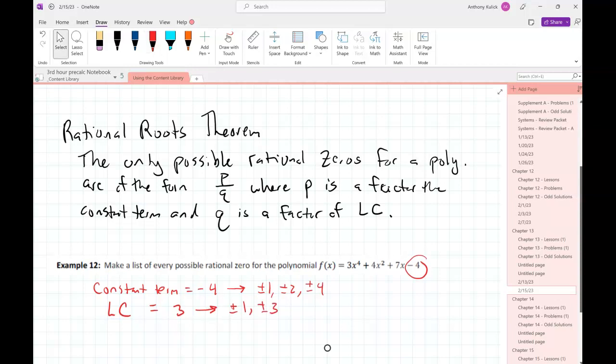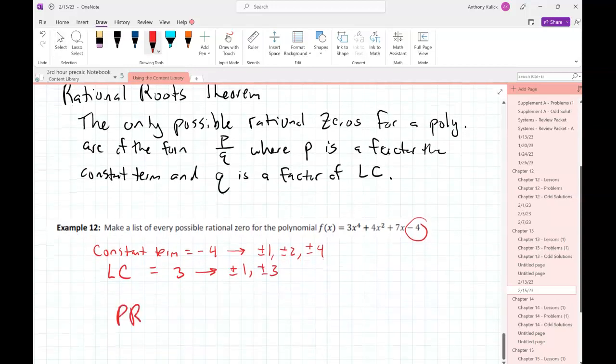Okay. So my possible rational zeros are going to be plus or minus 1 divided by plus or minus 1, plus or minus 2 divided by plus or minus 1, plus or minus 4 divided by plus or minus 1. When I divide anything by 1, what do I get? Yep.